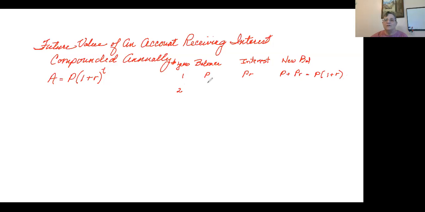So the second year, your starting balance, because on compound interest, you actually get interest on the interest. So your starting balance for the second year is this, P times (1 plus R). Your interest is your rate, and this is for 1 year, so again, T is going to be just one.